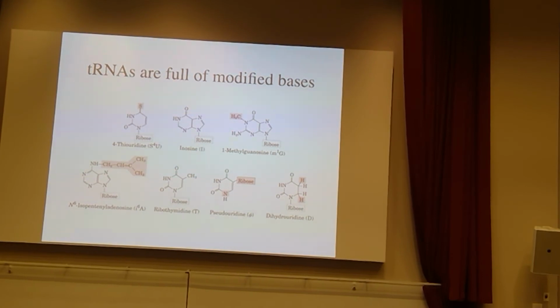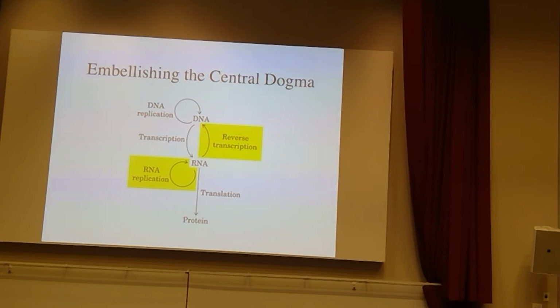In other cases, there can be modifications onto the sugar, such as an alternate position for an attachment site onto the ribose. We typically see these modified bases in tRNAs, and when we talk about how tRNAs are used as an intermediary in reading out an mRNA product on the ribosome, we'll talk a little bit more about tRNA structure and the role of these modified bases.